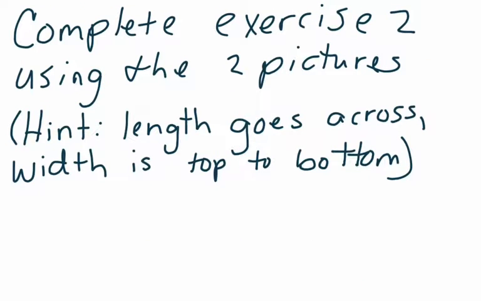Okay, you're going to complete exercise 2 using the 2 pictures. Again, I wrote down a hint for you. Length, you're going to count the units across, and width, you're going to count the units from top to bottom, and that's how you're going to get that, so you don't get that confused. You can even label it in your book. Put an L across the top, put a W on the side so you know which one is length and which one is width, just so that you understand.